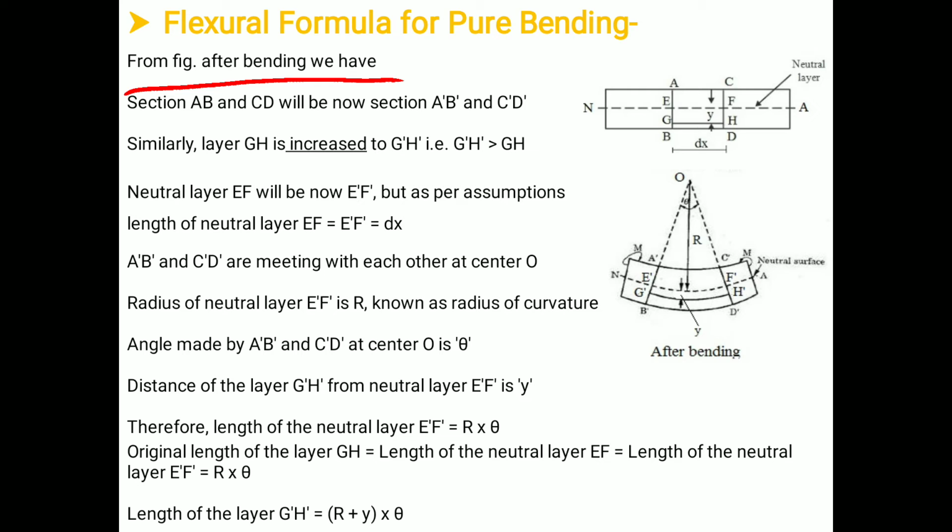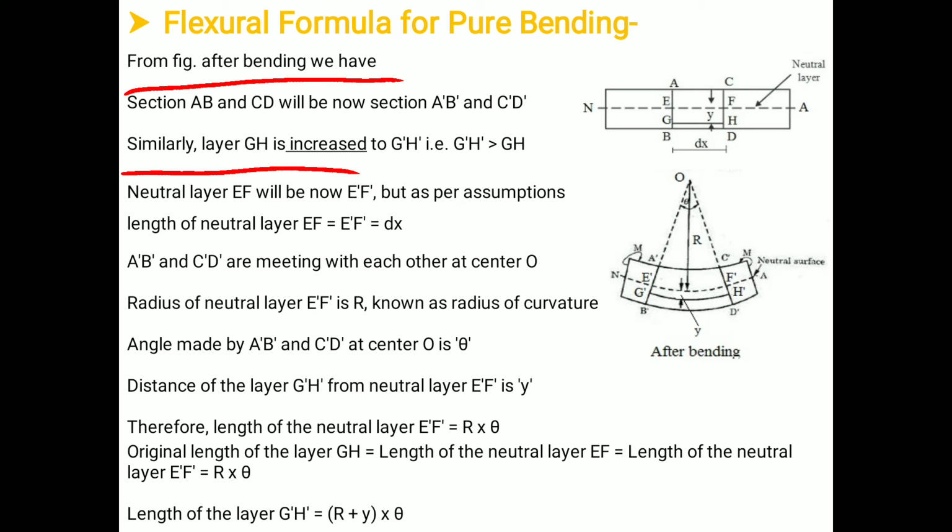Similarly, if you concentrate on layer GH, which has a length equal to EF, which is equal to dx, this layer GH will increase to G'H'. It will increase to G'H' because it is below the neutral axis. Therefore, stretching of that particular layer will take place.